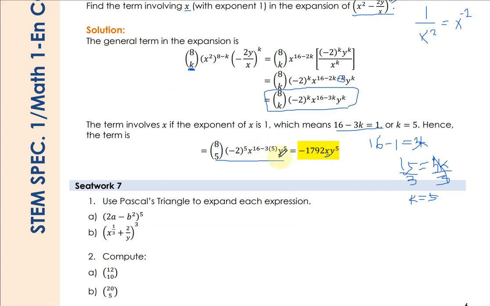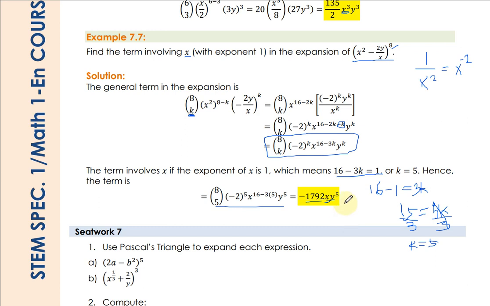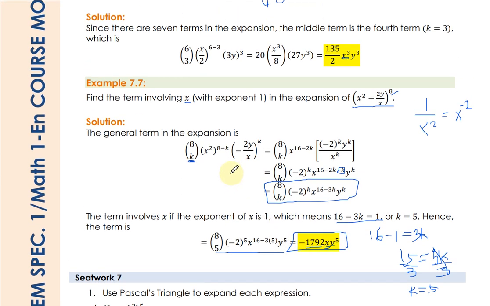So itong x kay 1, then y kay 5. Then kani, negative 2 raised to the power of 5 times the 8 combination of 5. That is equal to negative 1,792. Okay, so this is the term that has x with exponent equal to 1.